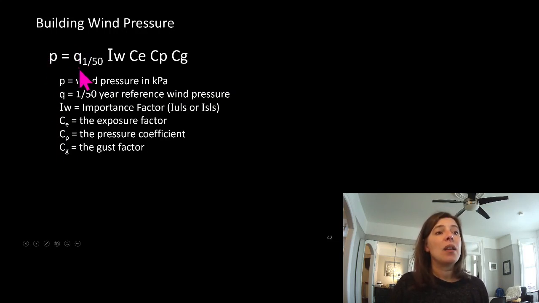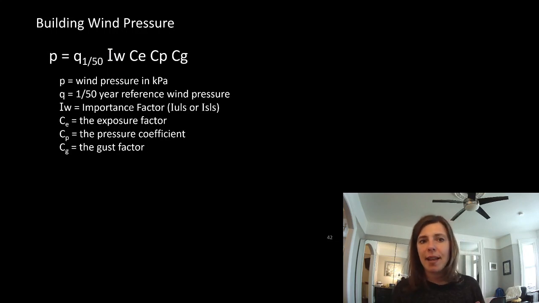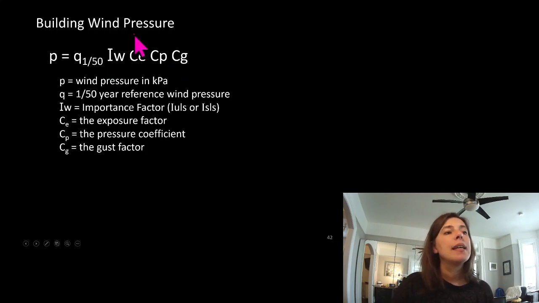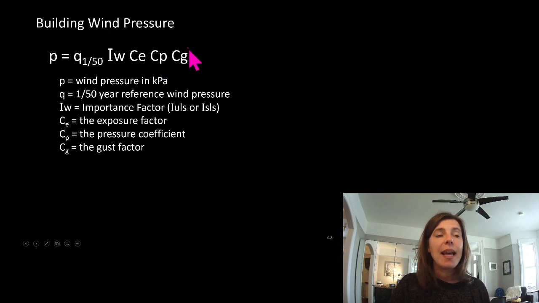Q is the 1 in 50-year reference wind pressure. So similar to what our SS was in our snow load calculation. IW is our importance factor for wind, and remember, we're going to have a ULS and an SLS version of that. CE is the exposure factor, CP is the pressure coefficient, and CG is the gust factor.